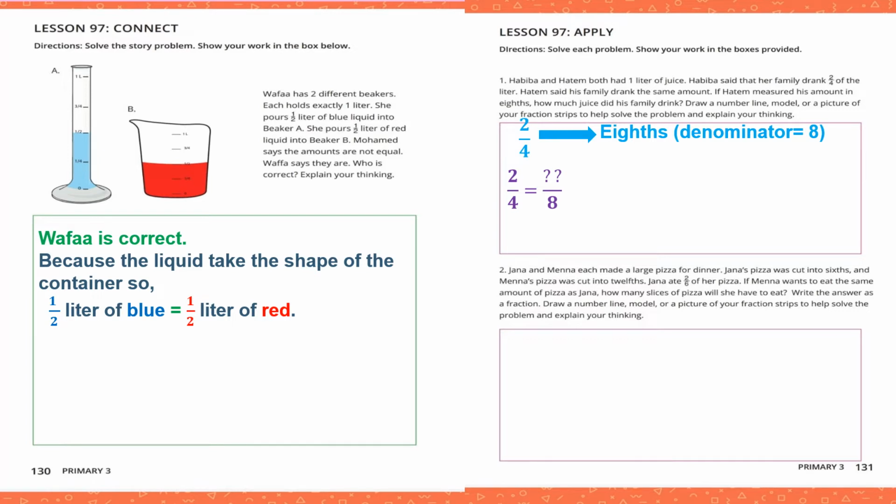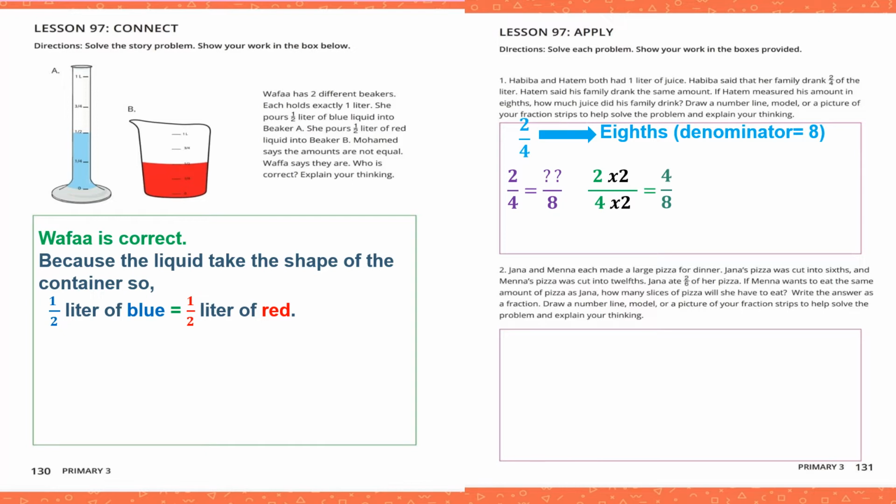So 4 times what equals 8? 4 times 2 equals 8. They are equivalent fractions. So we multiplied the denominator by 2. Also we must multiply the numerator by 2. 2 times 2 equals 4 over 8.